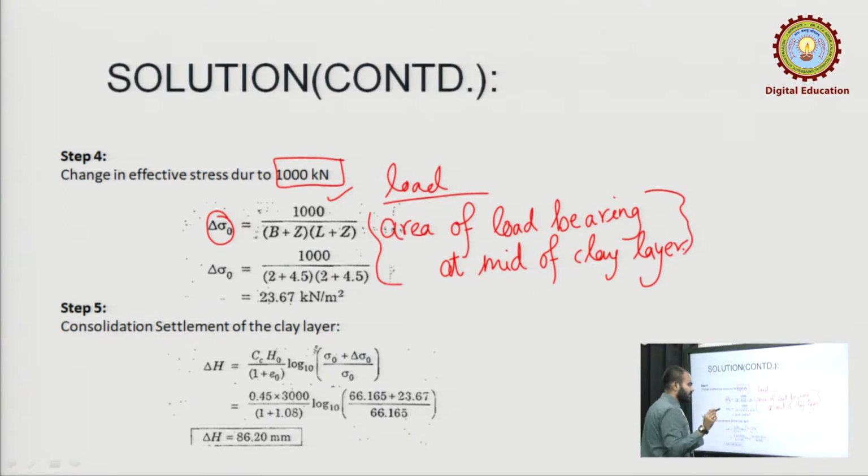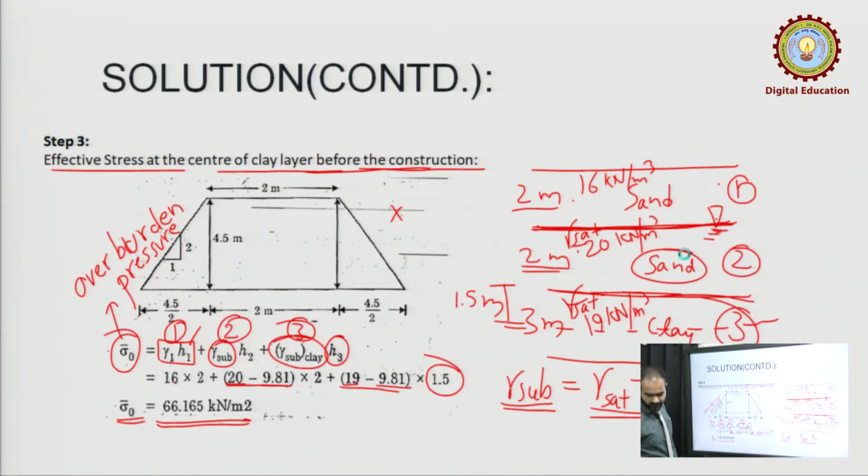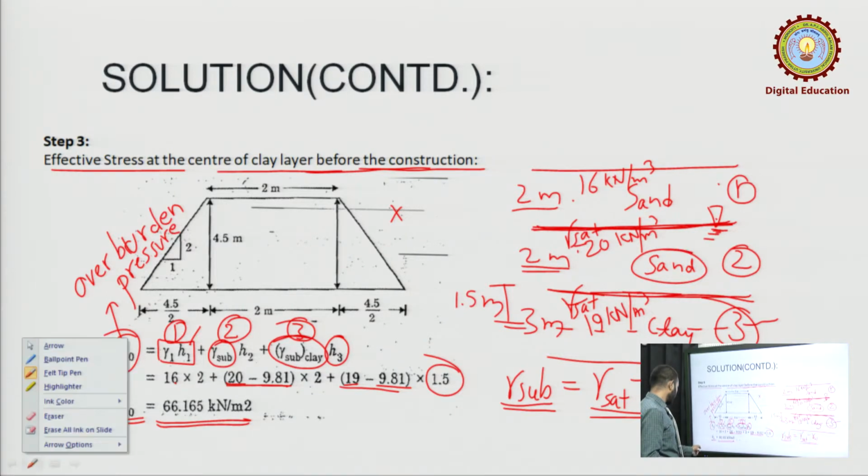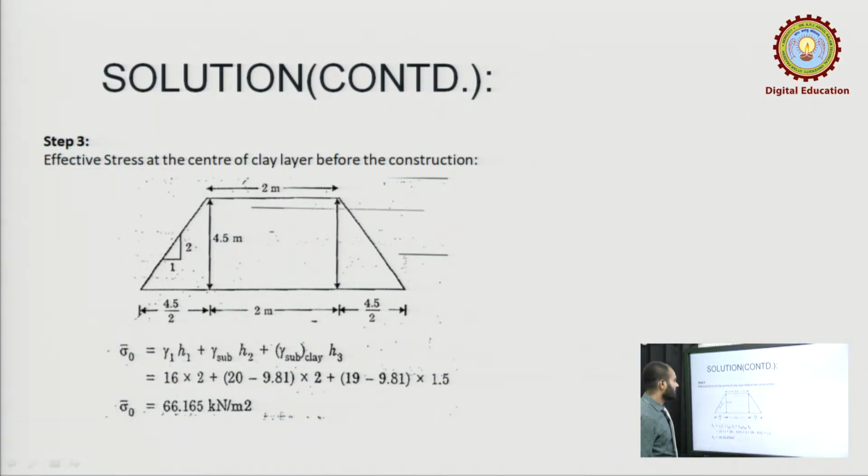Now, let us refer to this figure. Let me remove all this. Now refer to this figure. In this diagram, if you see, this is the base of the foundation, which was 2 meter. Corresponding to this, obviously this also will be 2 meter.